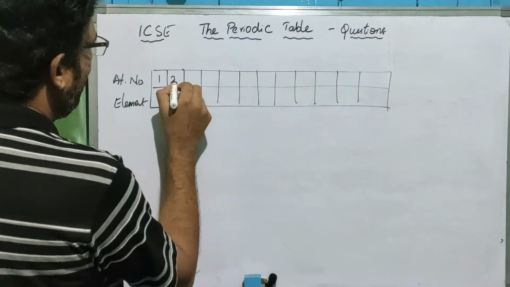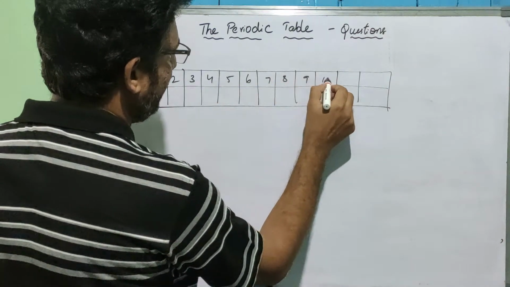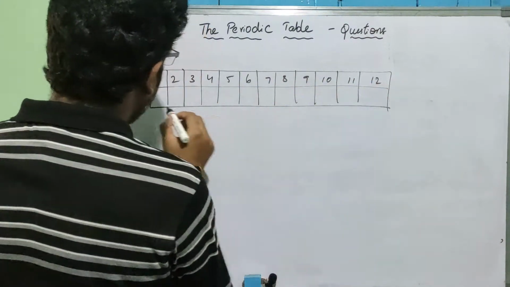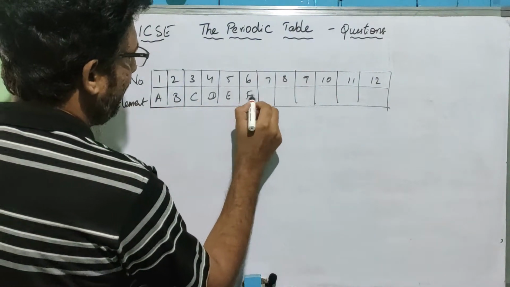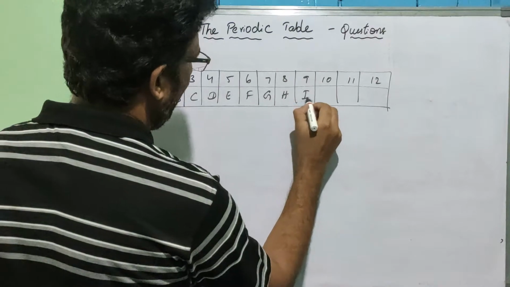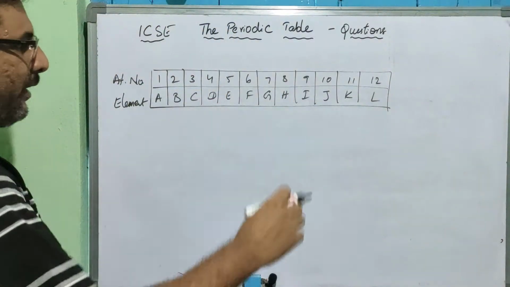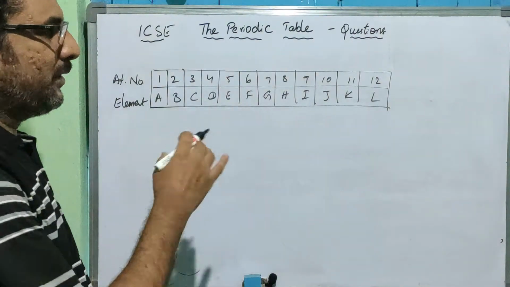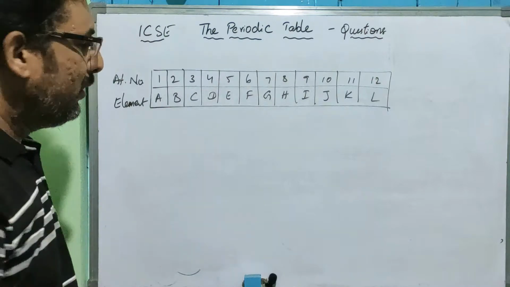Let's say 1 2 3 4 5 6 7 8 9 10 11 12, and let us take A B C D E F G H I J K L. I have given a random letter to represent the elements of this particular atomic number.